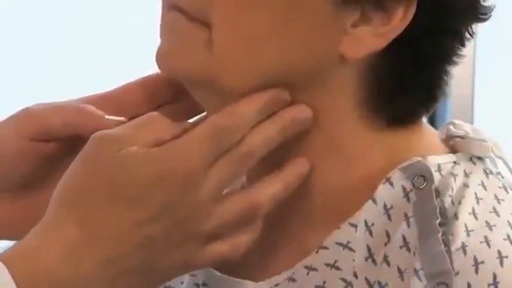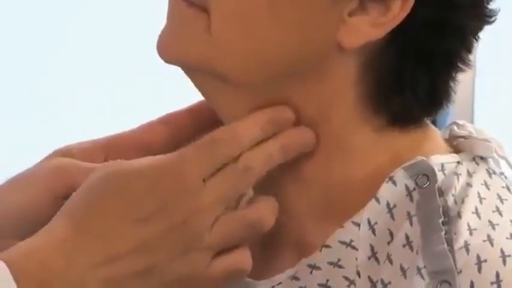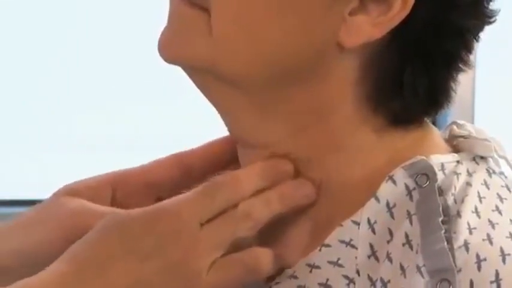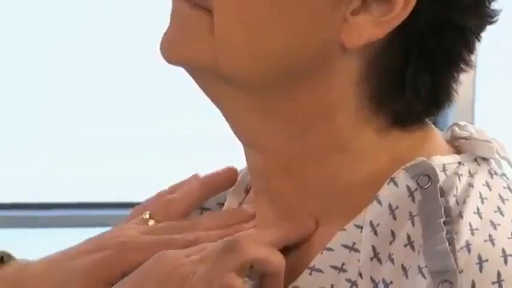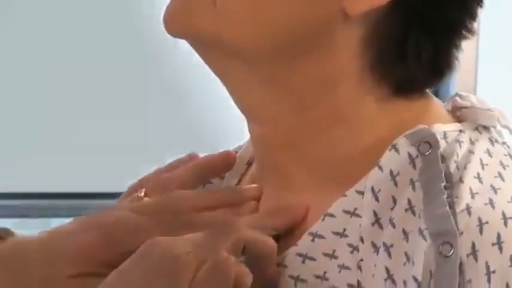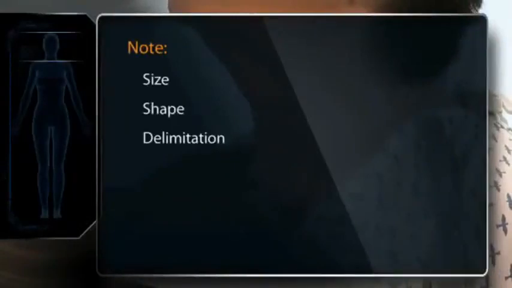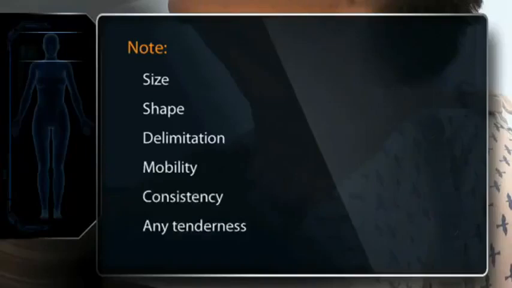Palpate the anterior superficial and deep cervical chains, including the supraclavicular nodes located anterior and superficial to the sternomastoid. Note the node's size, shape, delimitation, mobility, consistency, and any tenderness. Small, mobile, discrete, non-tender nodes, sometimes termed shotty, are found in normal people.